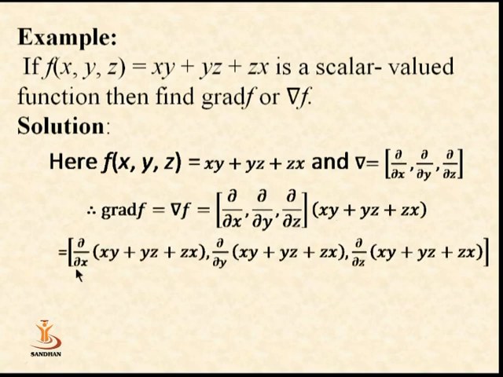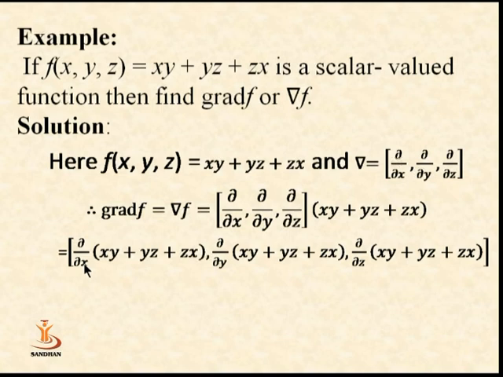So here we get del upon del x of xy plus yz plus zx, comma, del upon del y of xy plus yz plus zx, comma, del upon del z of xy plus yz plus zx.